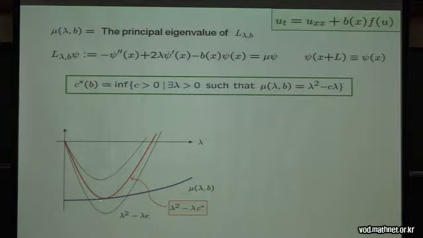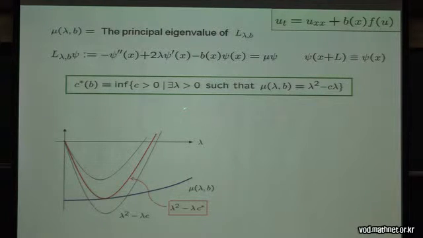Therefore, if you know this graph, this curve, a graph of mu of lambda B precisely, explicitly, then you can calculate the C star explicitly. And this is the case for the Shigesada Kawasaki Teramoto case.